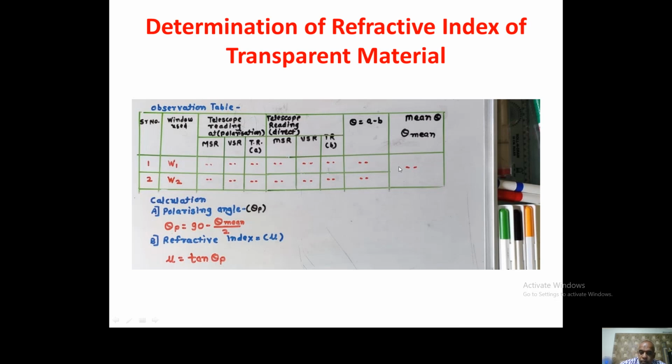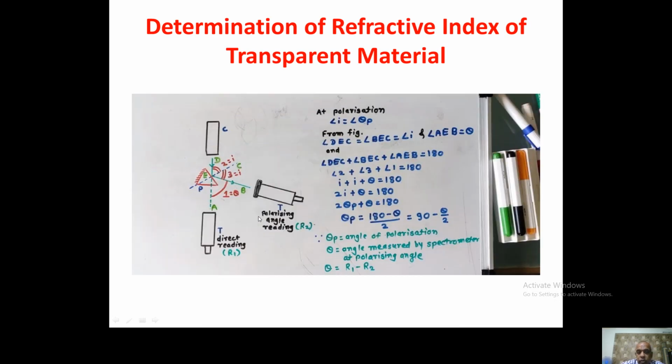Now see here, I will explain how the polarizing angle theta p is equal to 90 minus theta mean upon 2. With the help of this diagram, this is the collimator, this is the incident ray, this is the reflected ray, this is the normal.